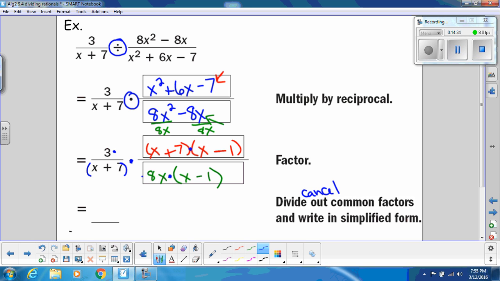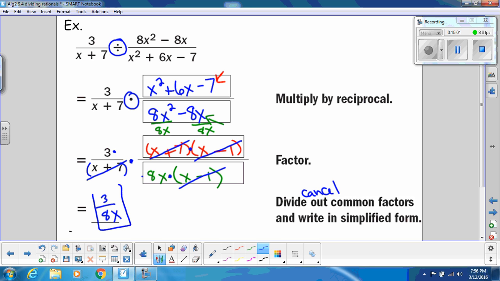So only things that have dots in between them can get canceled. So x minus 1s, you see how those are both the same, those can get canceled. X plus 7s, those can cancel out. And what do I have left? I just have 3 over 8x. So I have 3 over 8x. And remember, always ask yourself, can I reduce 3 over 8? No.